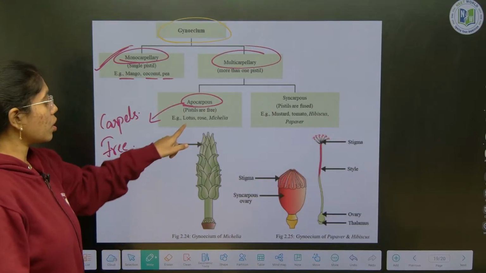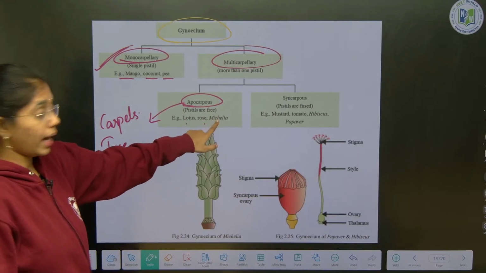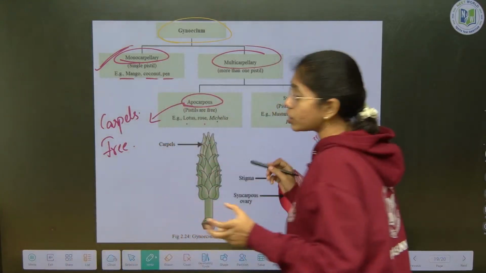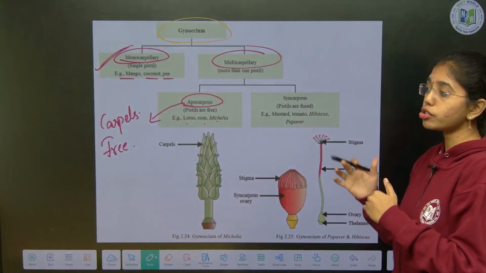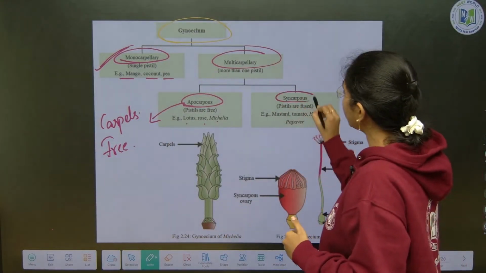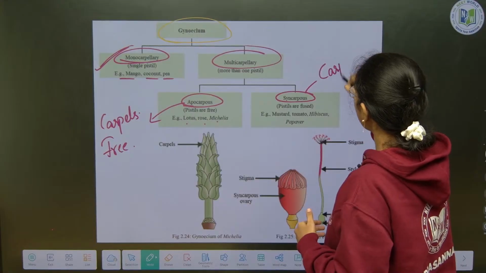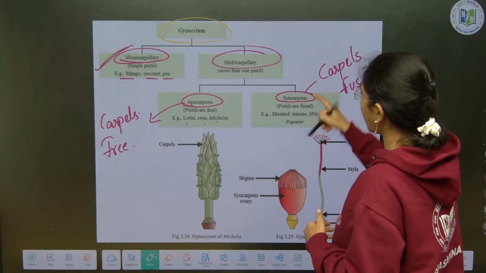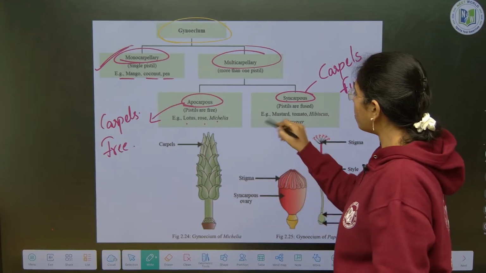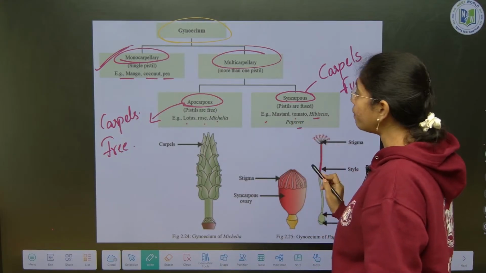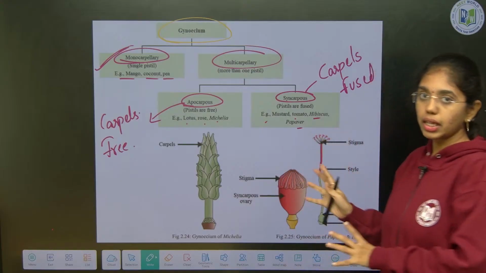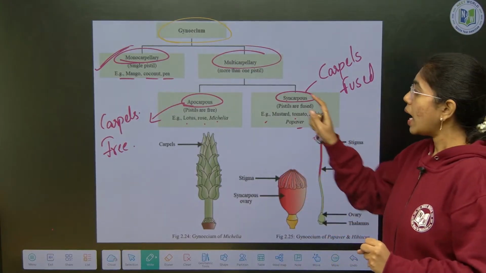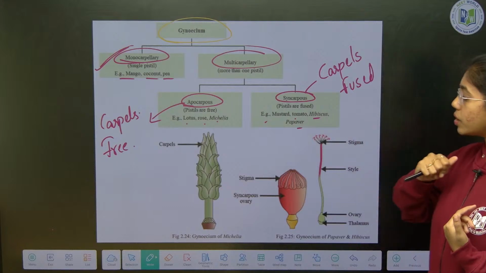Best examples include lotus, rose and michelia. If pistils or carpels are fused, that is syncarpous. Examples include mustard, tomato, hibiscus and papaver.